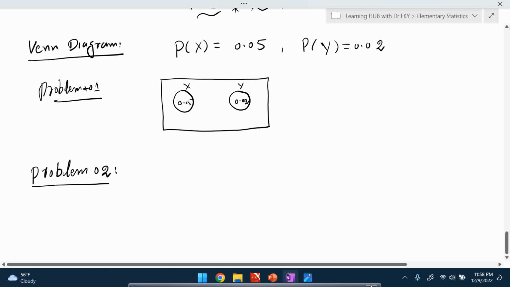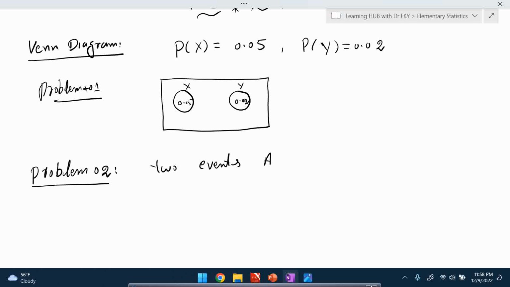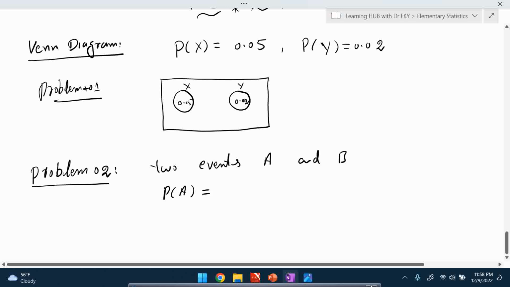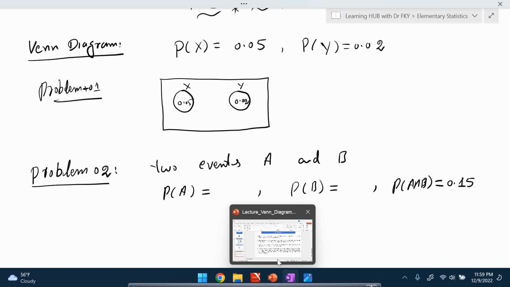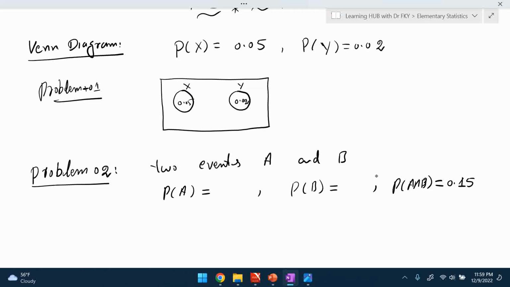In problem 2, there are two events, A and B. The probability of A is equal to this one, and the probability of B is equal to this one, and the probability of A intersection B is equal to 0.15, and the other two are 0.20 and 0.30.